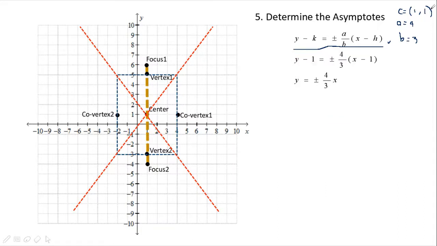So y minus our k, which is 1, equals plus or minus our a, which is 4, divided by our b, which is 3, times x minus our h, 1. Let's simplify. We have the asymptotes y equals plus or minus 4/3 x.